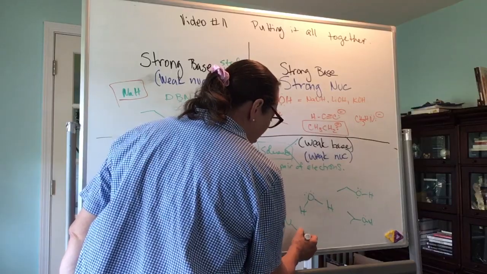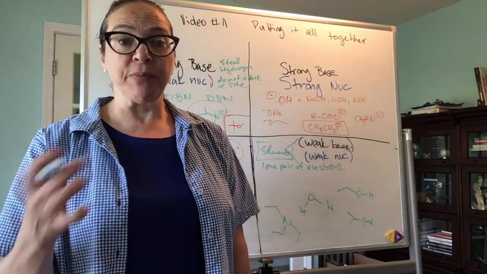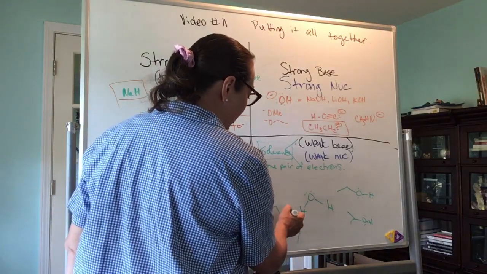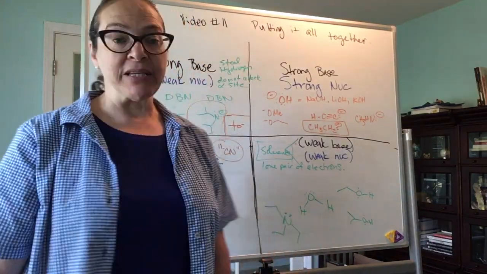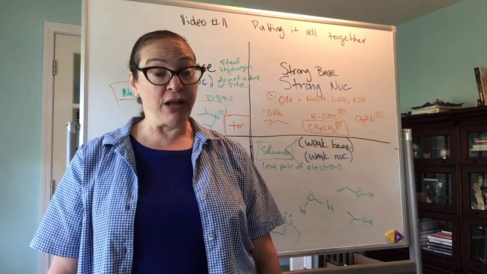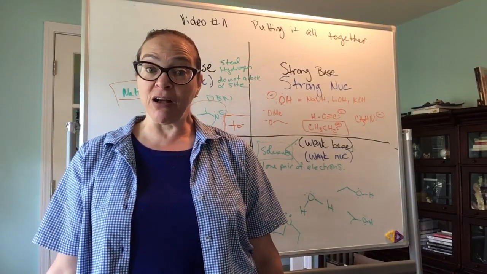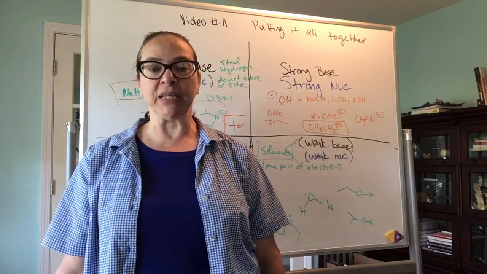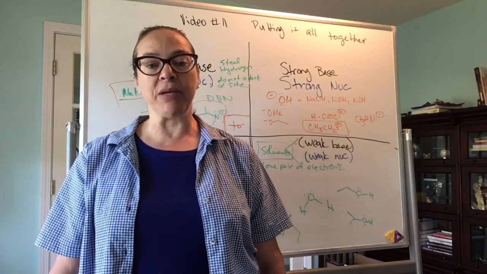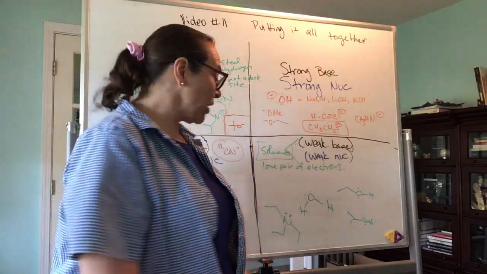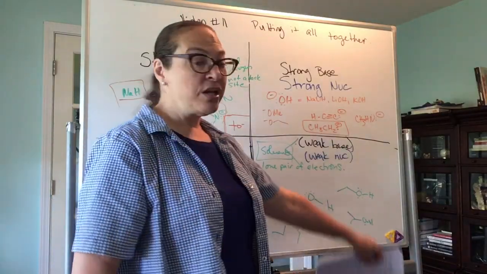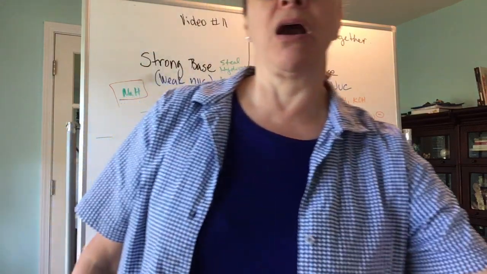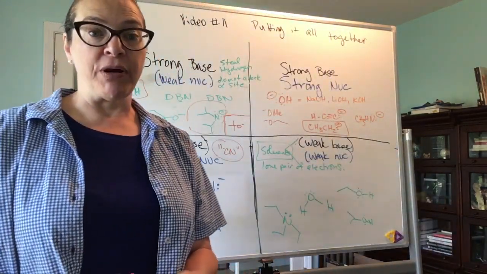Nitrogens tend to be more nucleophilic than oxygen because they're less stable with their negative charge, but this nitrogen is very sterically hindered. So again, this would be considered a weak base and a weak nucleophile. It's too large to be a nucleophile, and it's not negative, so it's not strong enough to be considered a strong base to be able to pull off a proton, but it's more likely to do so than the oxygens. So most of the time, our weak bases and weak nucleophiles are oxygens with a lone pair of electrons.